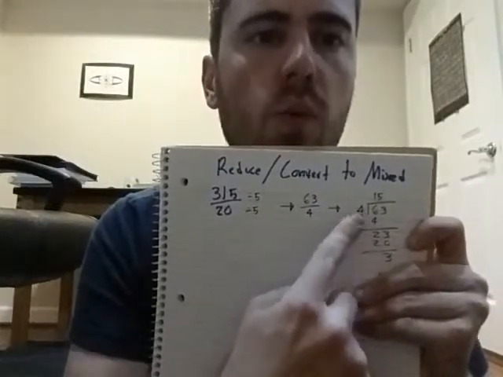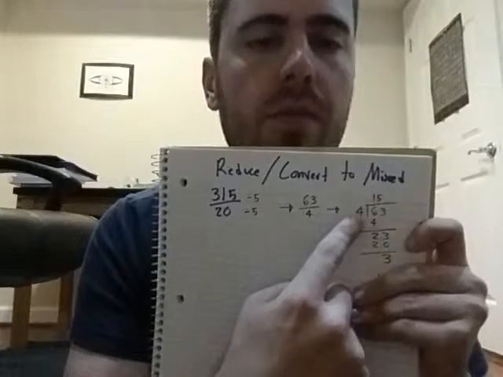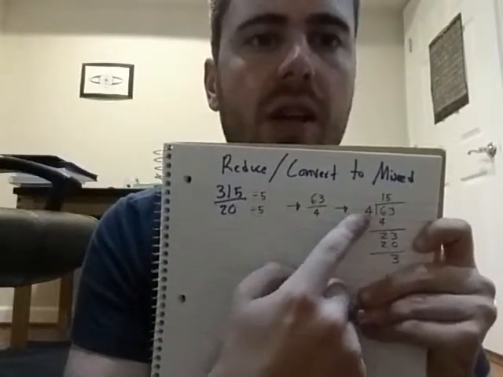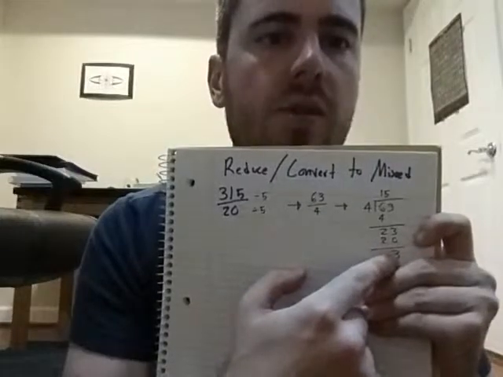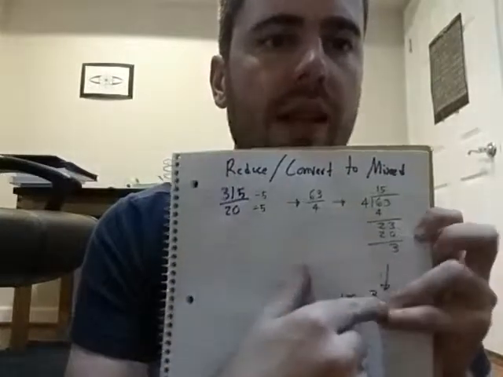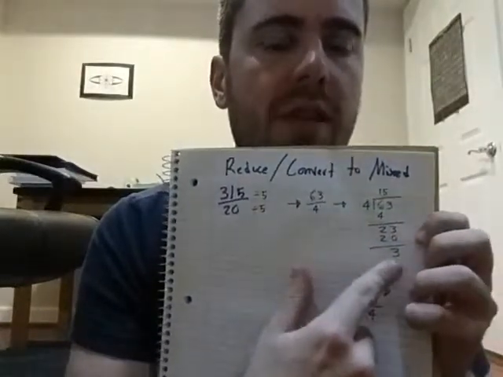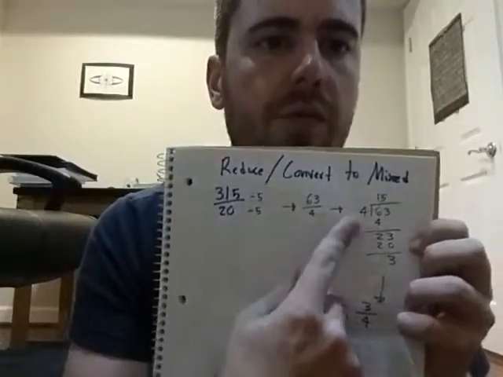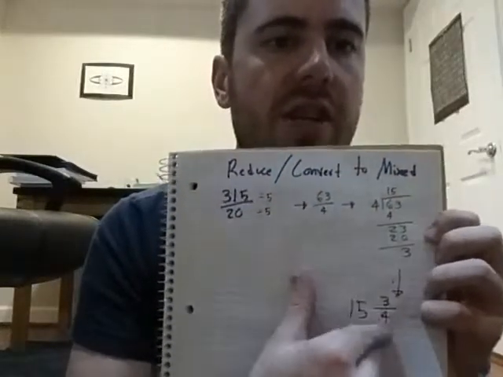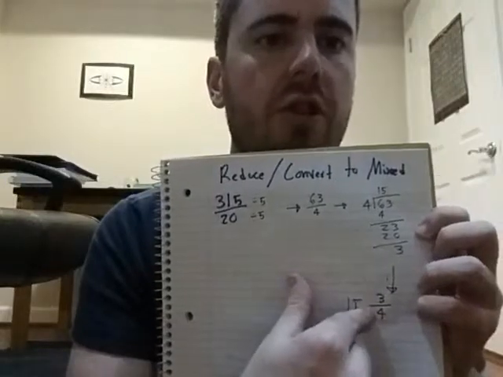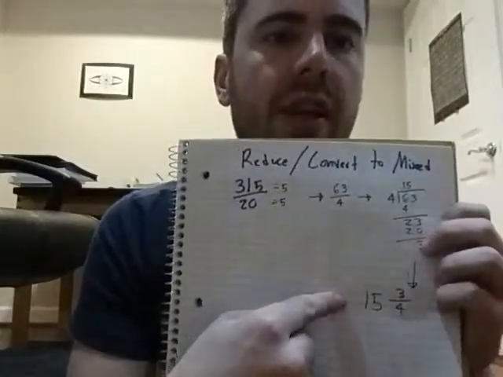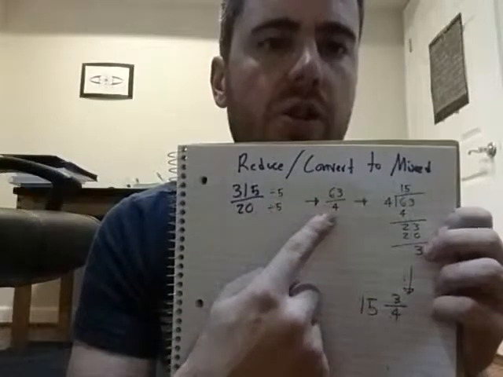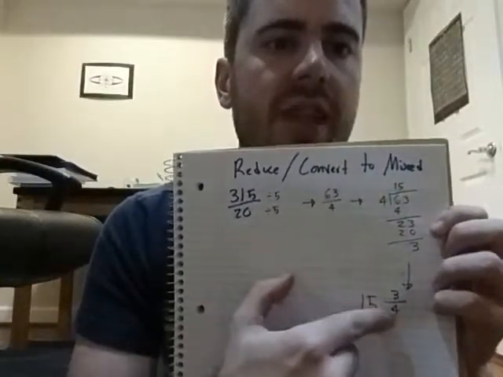So we're still working with a bottom number of 4, and our new numerator is going to be 3. The remainder, 3, is our numerator. The divisor, 4, is our denominator. That's how we get the fraction 3/4. So our final answer, 63/4 converted to a mixed number, is 15 3/4.